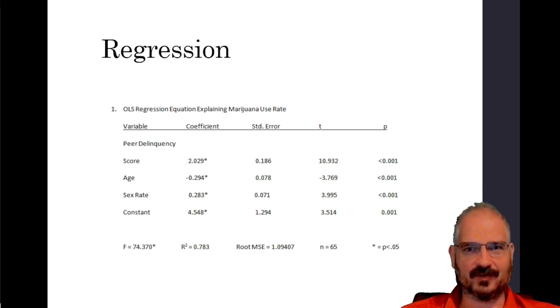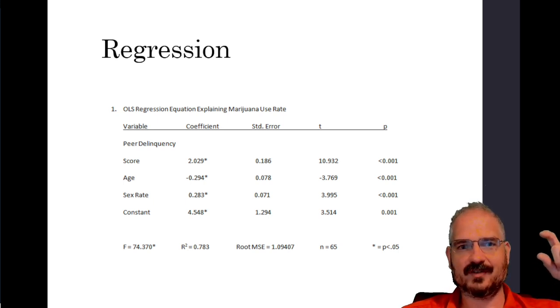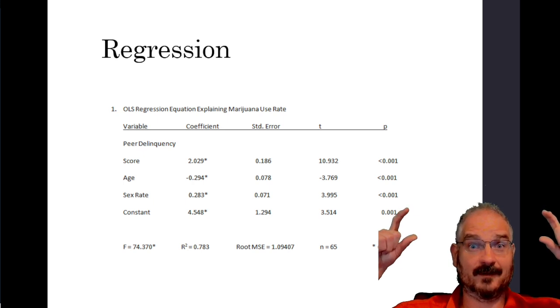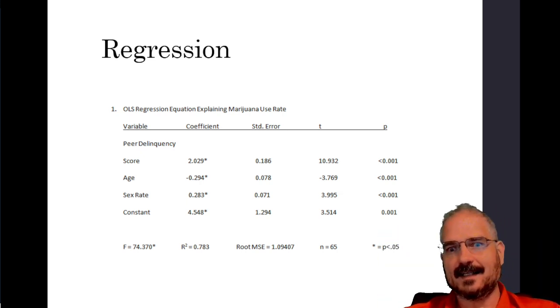We measured that using this survey, and now the peer delinquency score is positive and it's relatively large. The coefficient there is a relatively large number. So as your peers become more delinquent, as that peer delinquency score goes up, marijuana use also goes up. Now, is this statistically significant?